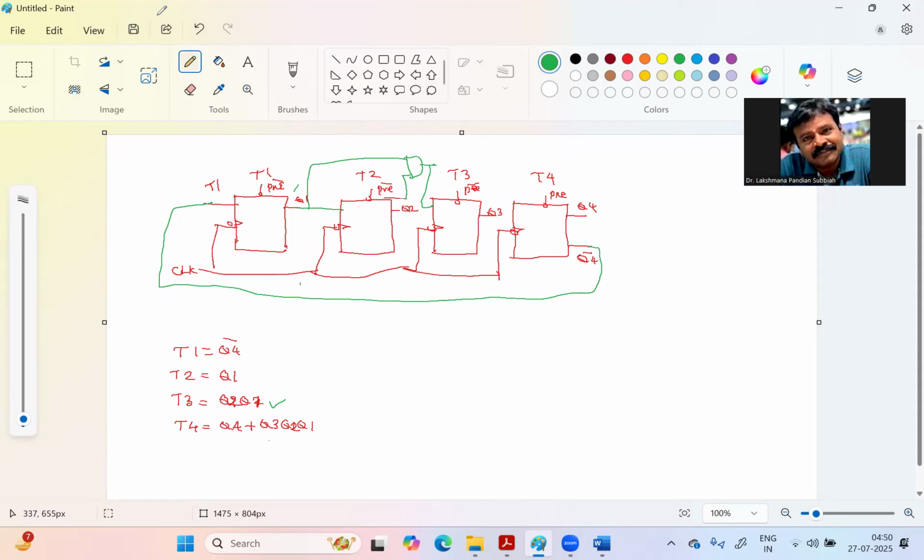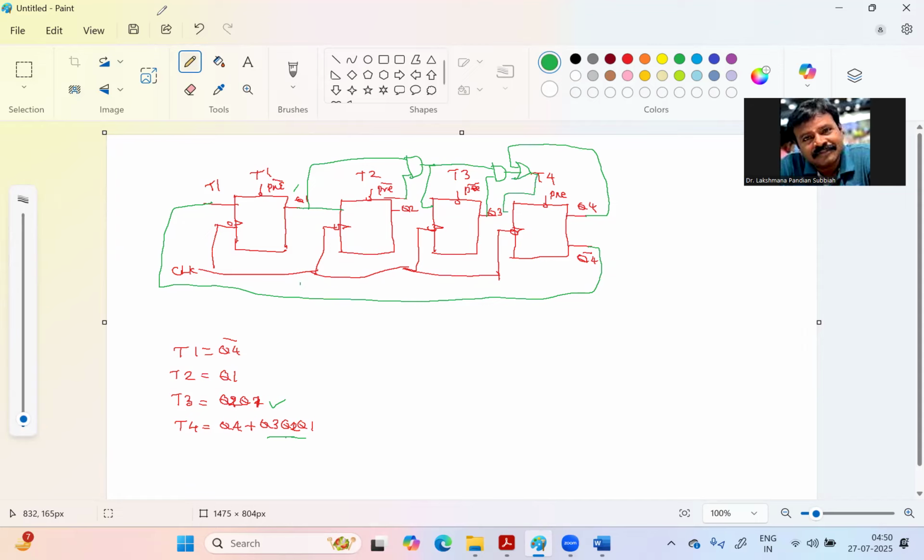Then here we are having Q3, Q2, Q1. So Q2, Q1 we are having now. Then you take Q3. Then you have to make AND. And then you have to take Q4, connect with R. Right?